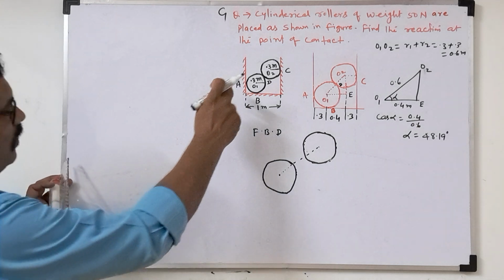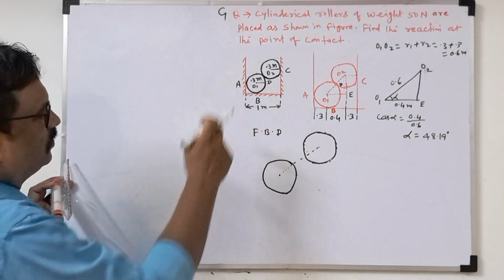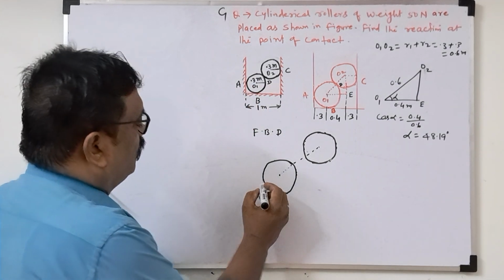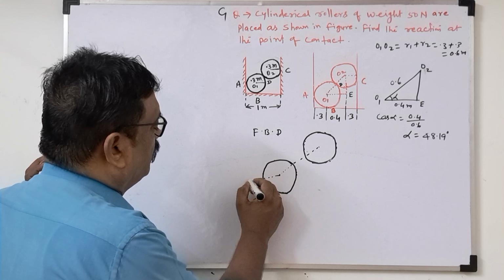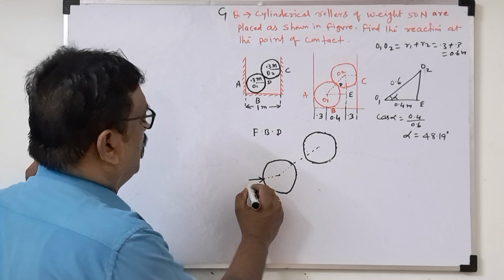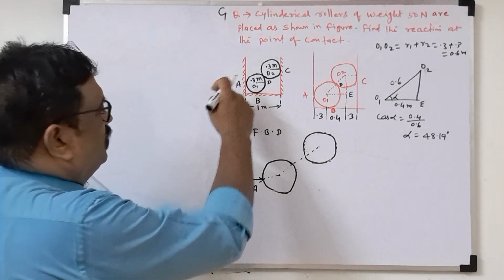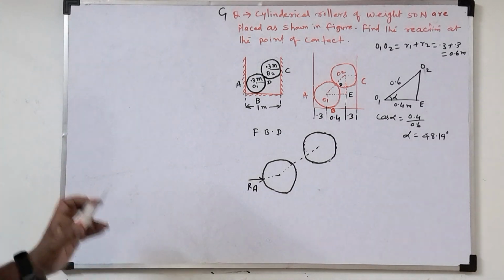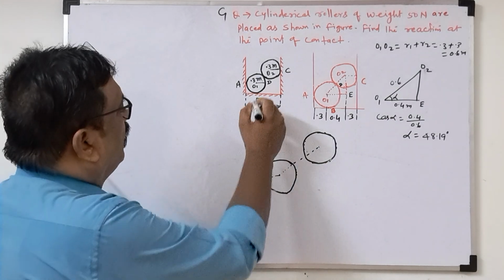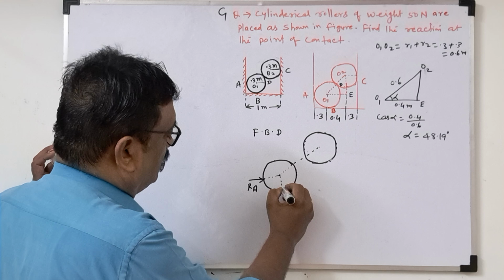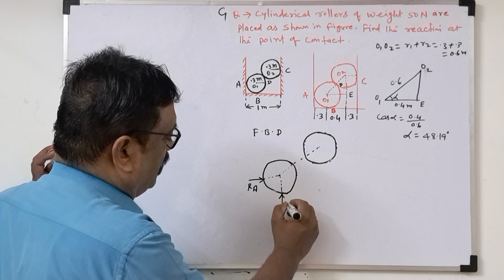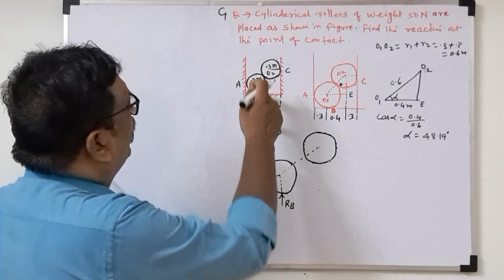Now there is the contact with the wall and the cylinder. So what will be the contact point? Once we remove the supports, reaction RA will be there. Once you separate these two bodies, reactions will be there at that point. Now reaction RB will act here. Then the weight is there.